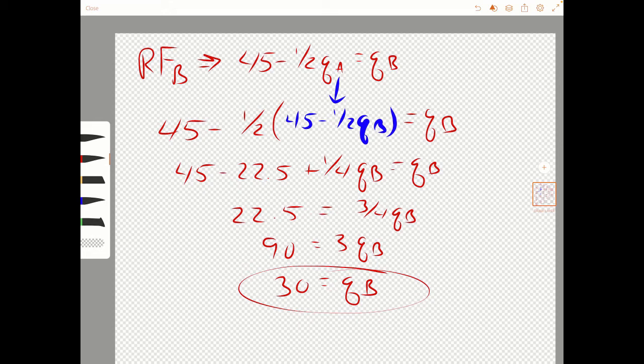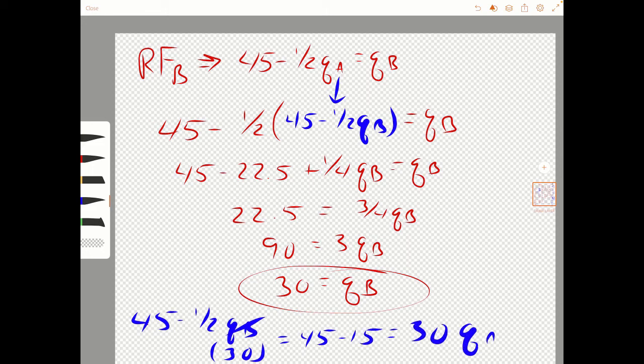If we take that 30 and put it back into the reaction function for firm A, so that's 45 minus 1/2 QB, we can put a 30 in there, and that gives us 45 minus 15, which gives us a 30 for QA.